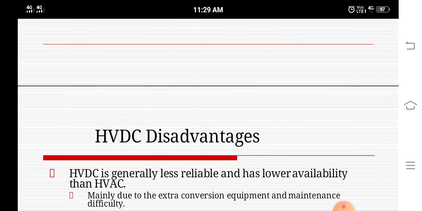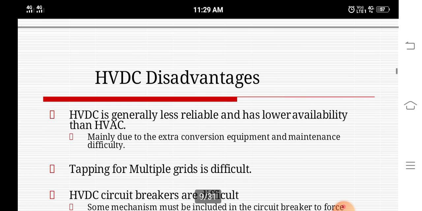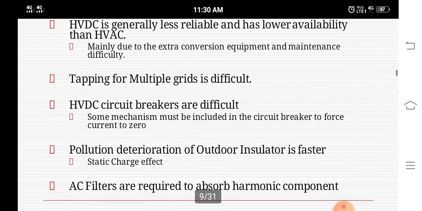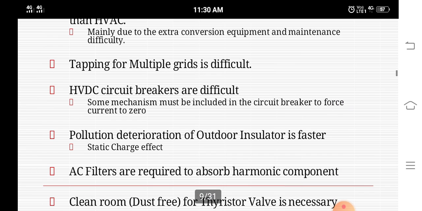HVDC conversion, switching and control. Then it has expensive inverters with limited overload capacity. Then higher losses in static inverters at smaller transmission distances. Yes, the cost of the inverter may not be offset by the reduction in line construction cost and lower line loss.